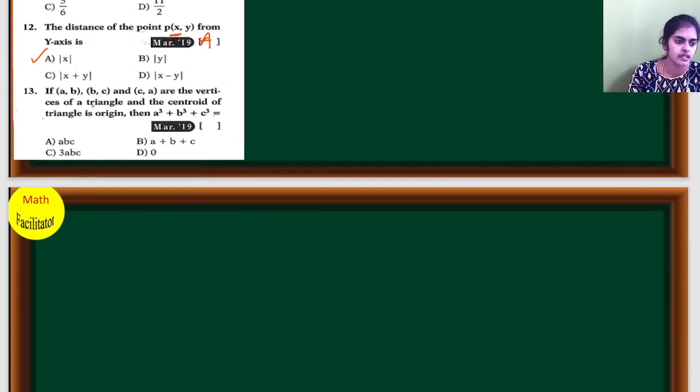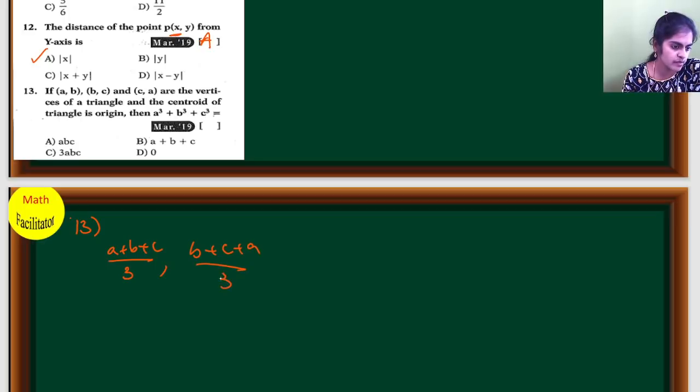So the centroid of a triangle question you have now. If A, B, C are the vertices of a triangle and the centroid of the triangle is the origin. Okay, so the centroid of a triangle is nothing but (x1 plus x2 plus x3) divided by 3, (y1 plus y2 plus y3) divided by 3.